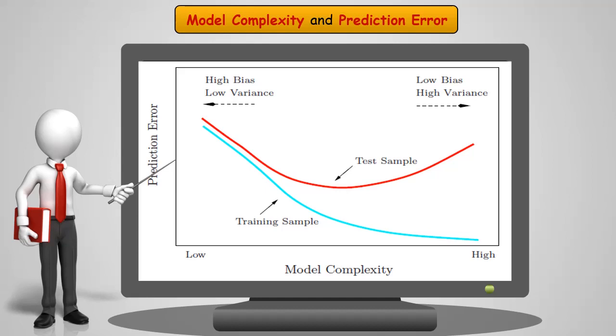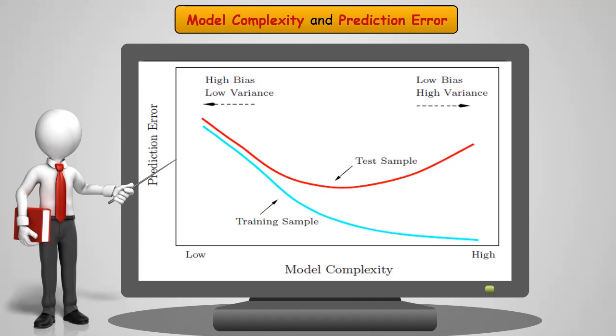But the red line, your testing sample, will go down with the blue line only up until a certain point. And then all of that additional complexity that you built into your model isn't translating into better results on your testing sample.